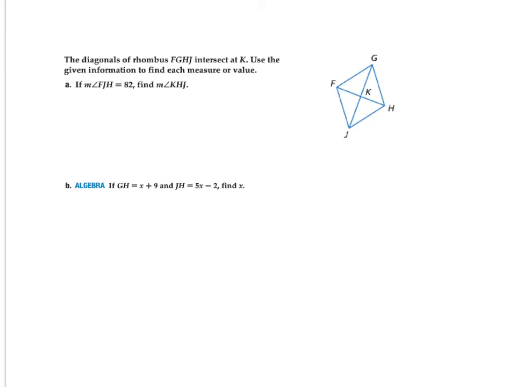Measure of angle FJH is 82, so that's 82. We're looking for the measure of angle KHJ, which is this angle right here.